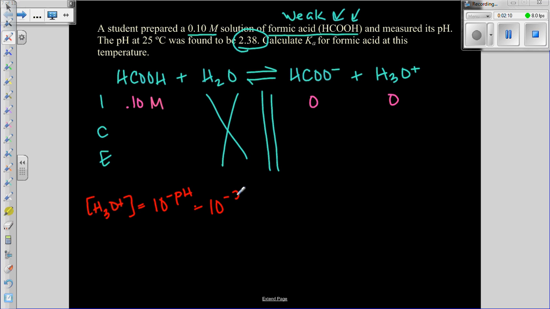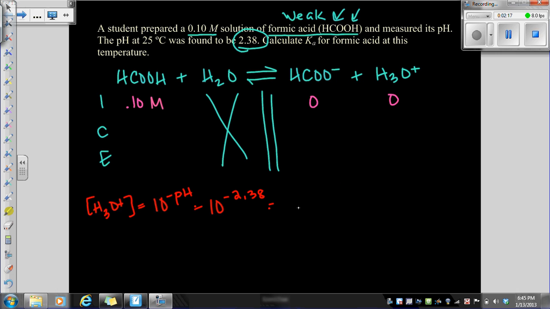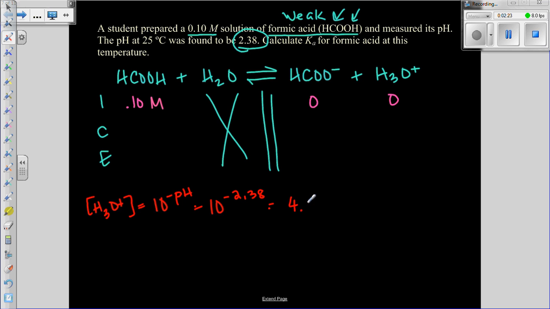So if we do 10 to the negative 2.38, we will get 4.17 times 10, that's for you, Sam, to the negative third molar.